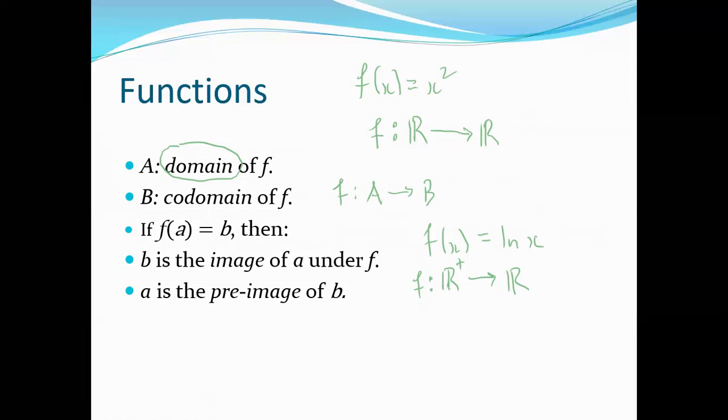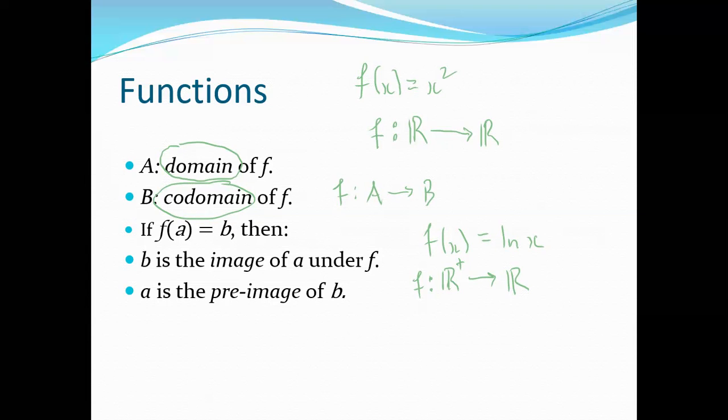Now, the codomain is a little bit looser. The codomain is just the collection of things that the outputs live in. Does that make sense? For instance, for f of x equal to x squared, I wrote the codomain as the real numbers.